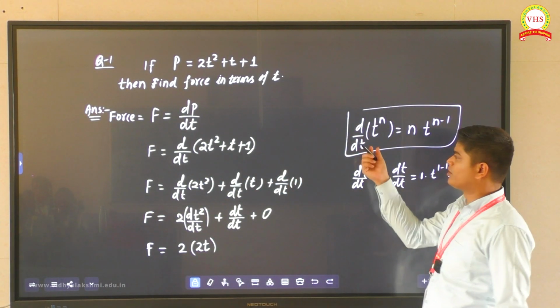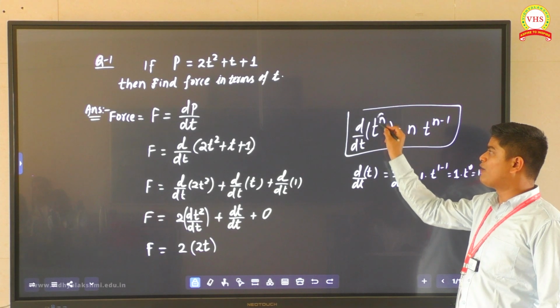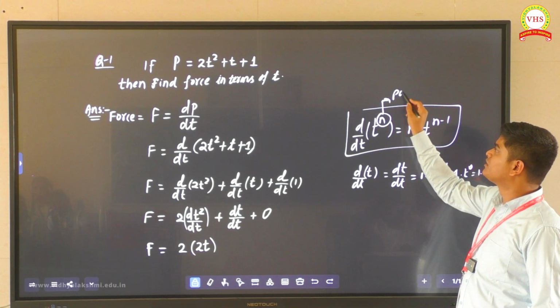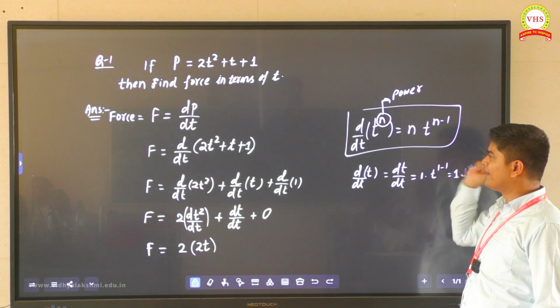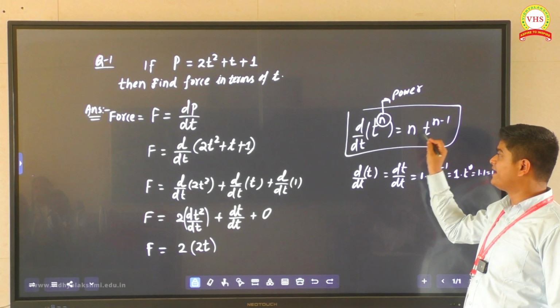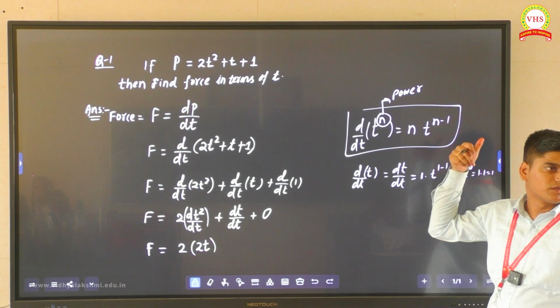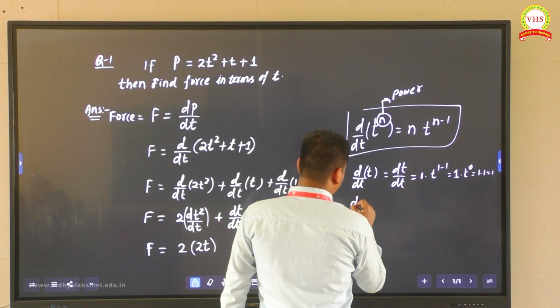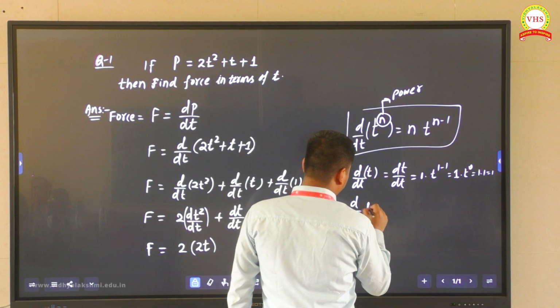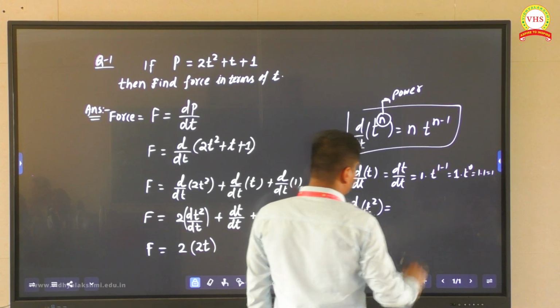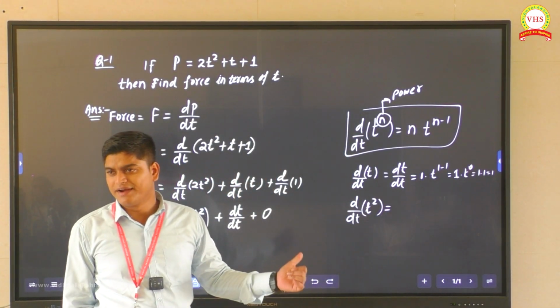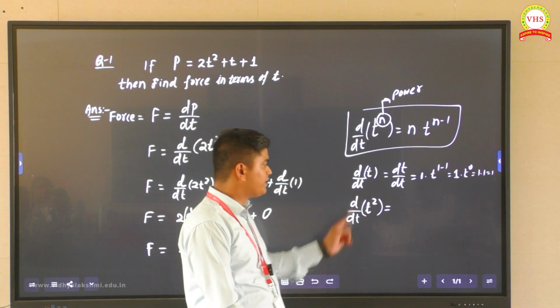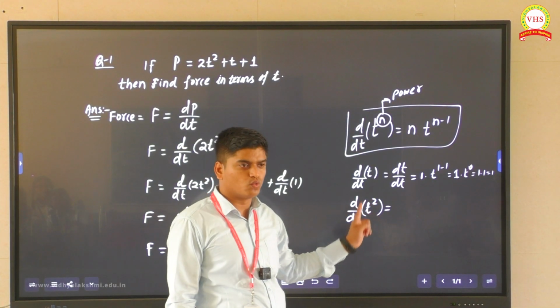This is the formula, one formula is there. If t to the power is n, this is the power. Okay. Then what will happen? It will be, for answer will be n into t to the power n minus 1. Yes or no? Now next listen. What you do? D by dt of t square you do. Now t power how much coming here? 2.